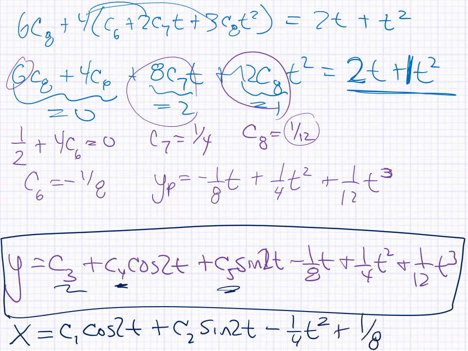I believe that's what we had. Those are our 2 solutions, but we have 5 parameters. Okay, can we reduce the number of parameters? Well, I think we can reduce C4 and C1 and C2 and C5 because they're both with cosine and sine. I don't think C3 is going to be able to reduce anymore.